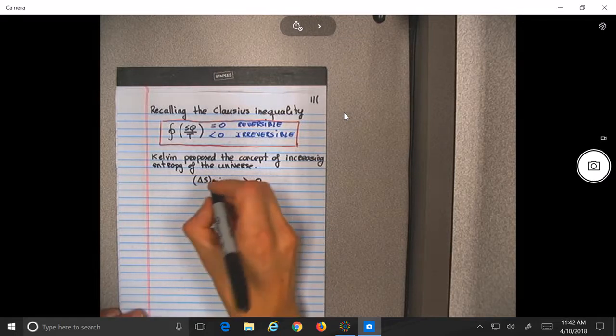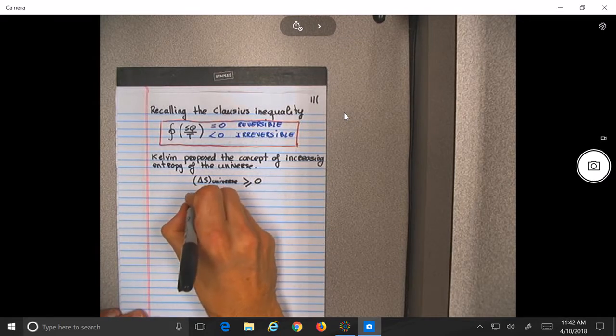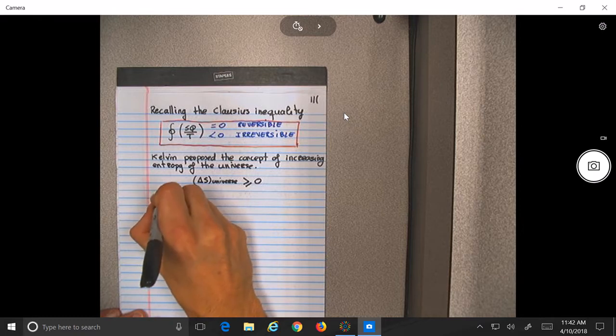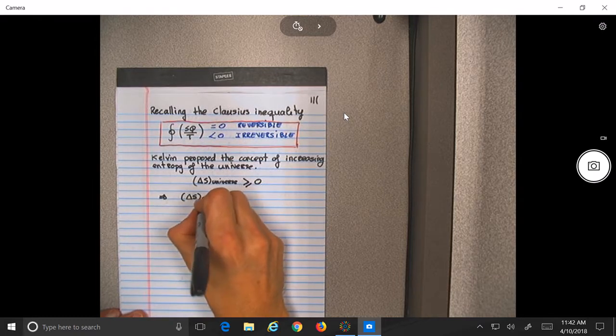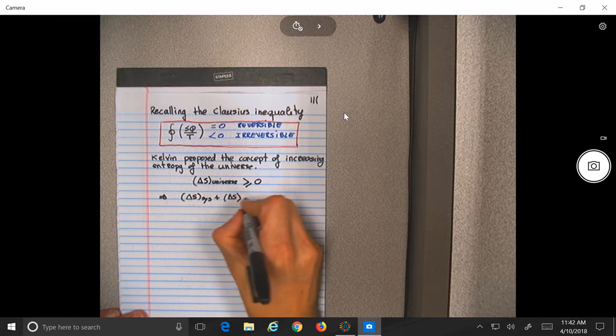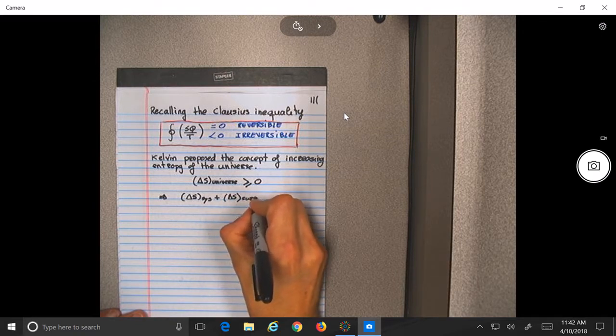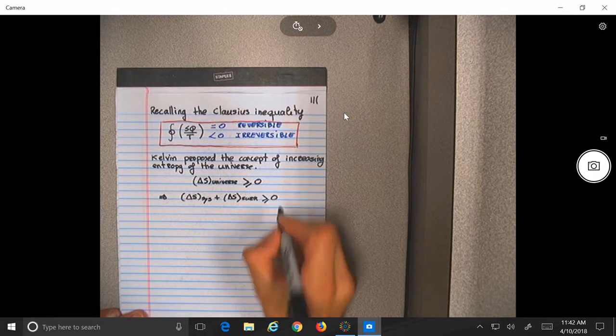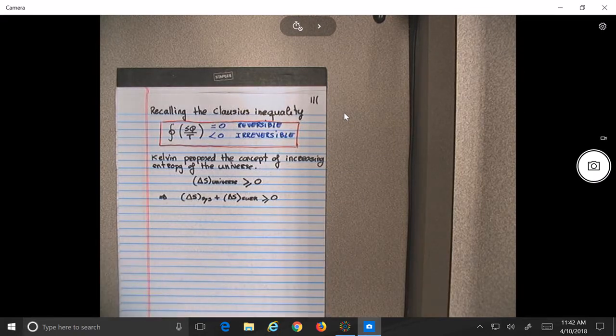So saying that, you will have delta S of your system plus delta S of the surroundings will always be larger than or equal to 0.